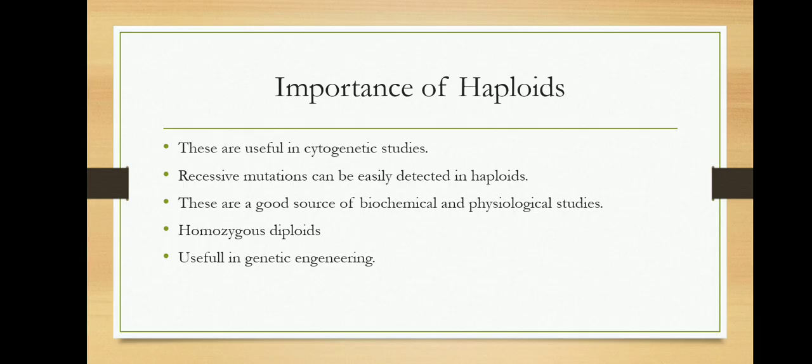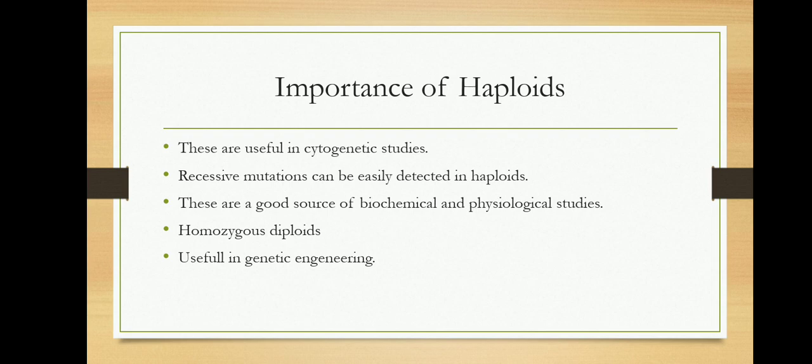Haploid plants become a good source for biochemical and physiological studies like microorganisms. And homozygous diploids are beneficial when the plants are self-incompatible.